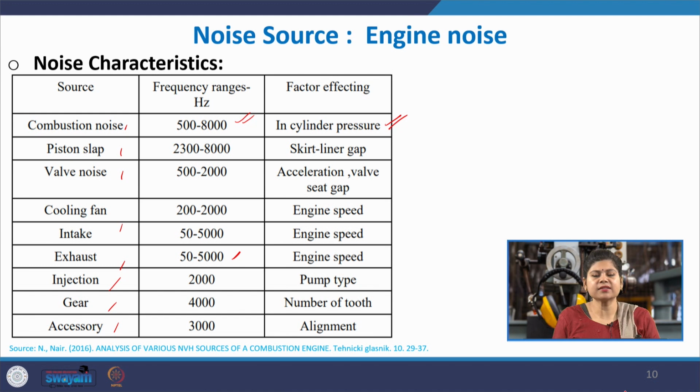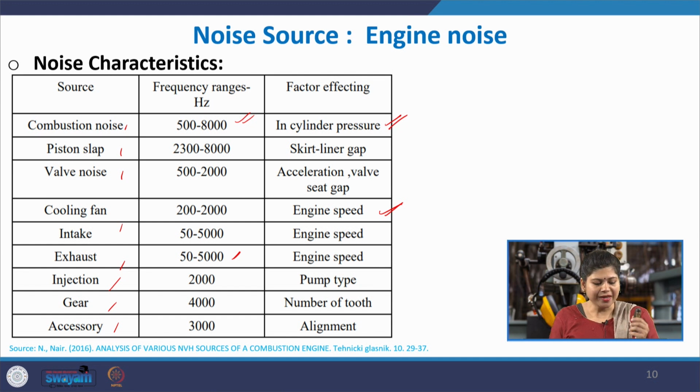The cooling fans that are used in these engines and motors again create noise, and typically the noise depends on the engine speed, because the higher the speed of the engine, the more heat is generated, the more combustion is taking place. So more heat is being generated, and hence you need the fan to move at a higher rate, which leads to higher noise in the cooling fan.